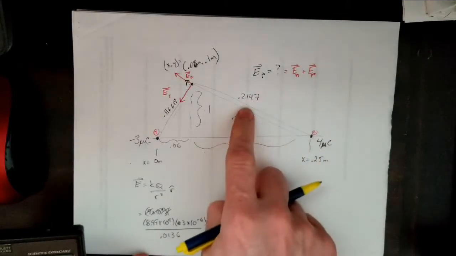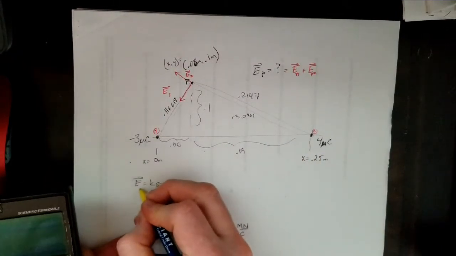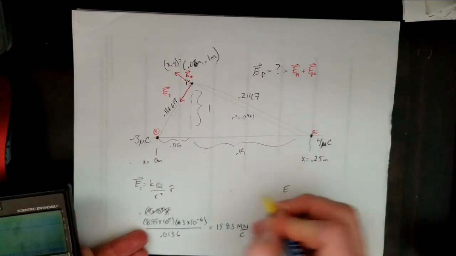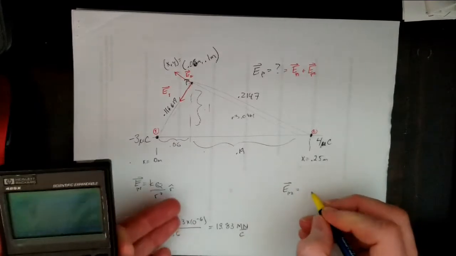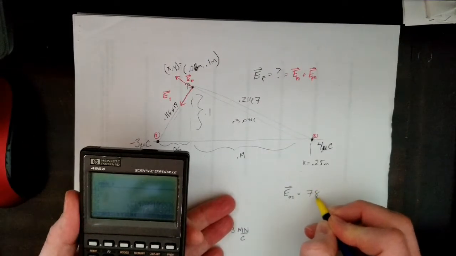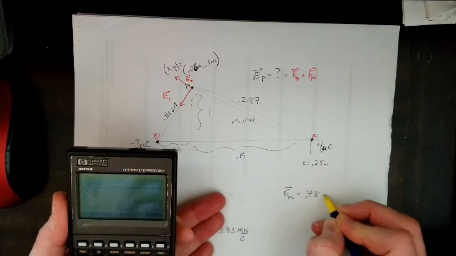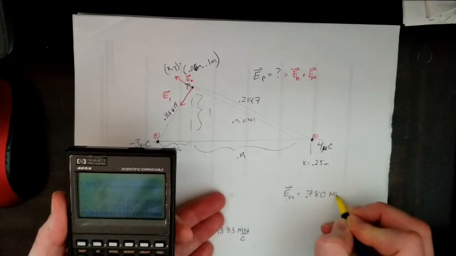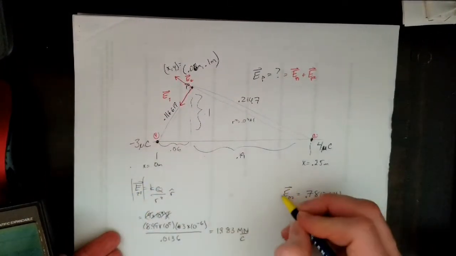This is bigger, but that's also larger, and it ends up causing something weaker. So the electric field at point P from 2 is going to be 0.780 meganewtons per coulomb. Now these are the magnitudes here.